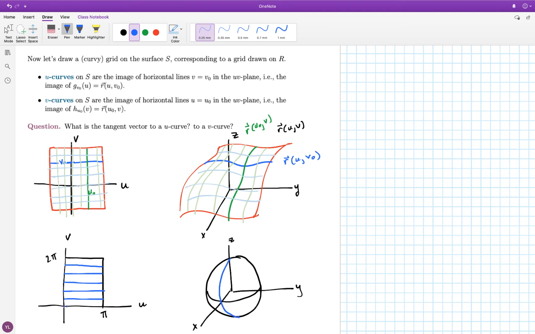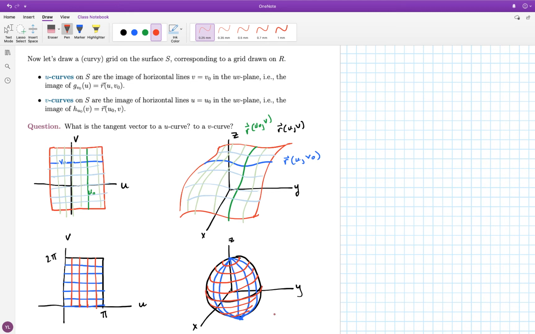So v equals 0 is this longitude line that I just drew with theta equals 0. Then as I go around, I increase theta from 0 to 2 pi, and I get all of the longitude lines like that. And the phi, or the u in this case, corresponds to latitude lines.